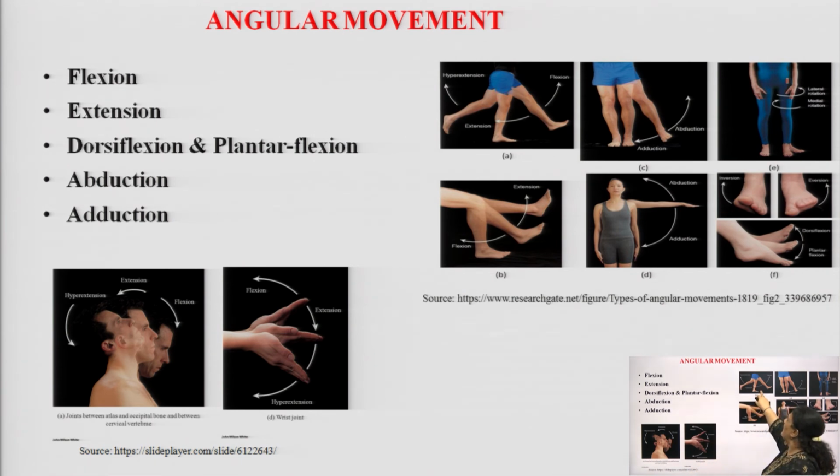Then in the leg, if we move the leg away from our trunk, it is known as abduction. If we move our leg or hand back towards the main body or trunk area, it is known as adduction.